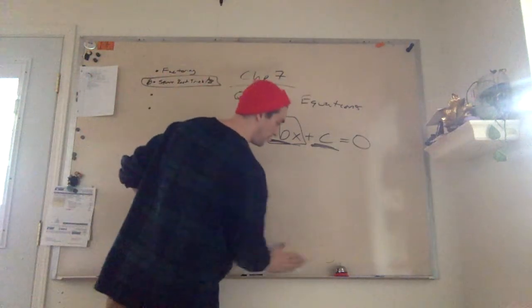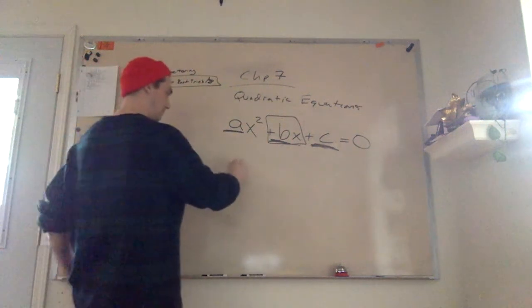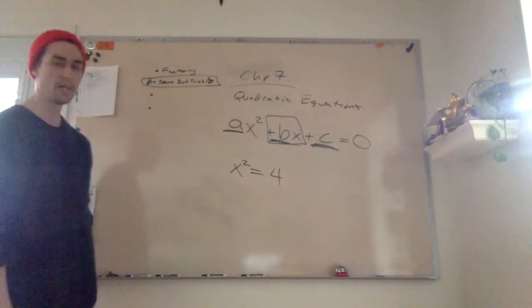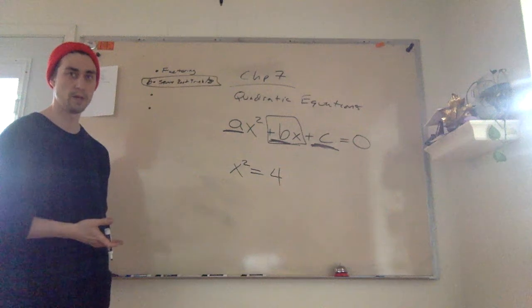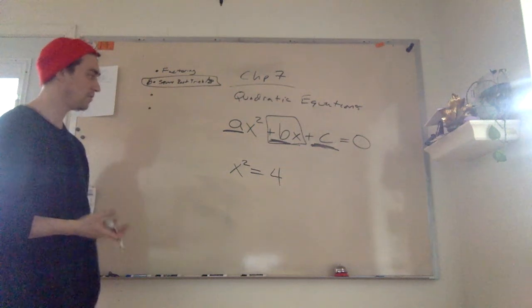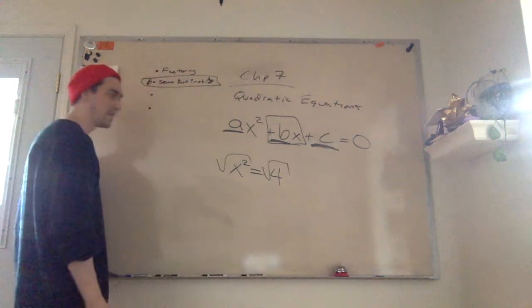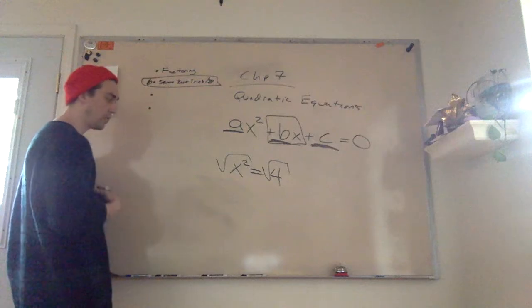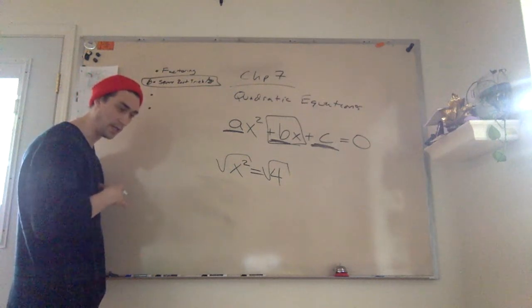So what a lot of people do is, if you have something like this, you can always take the square root of both sides of an equation. But you just have to remember that when you take the square root, you actually have 2 things that you need to consider. So what I like to do is just run it logically exactly.